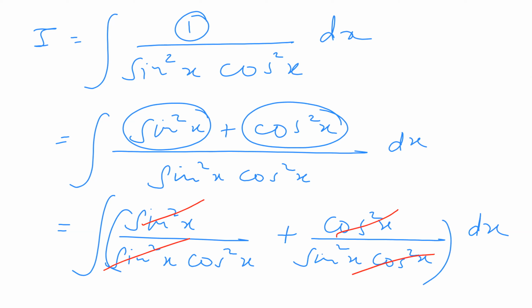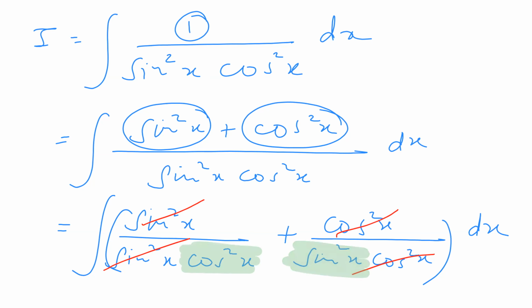So we are left with 1 upon cos square plus 1 upon sin square. Right? So this 1 upon cos square, cos square goes up and this sin square also has to go up in the numerator. As in, we'll take the reciprocals. Cos square and sin square reciprocals.